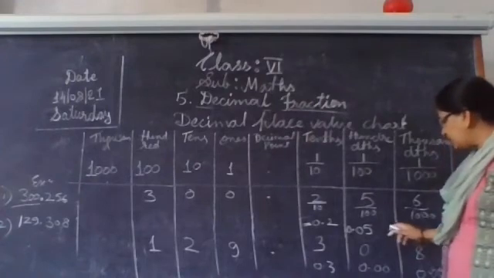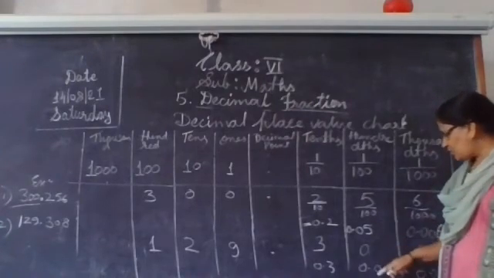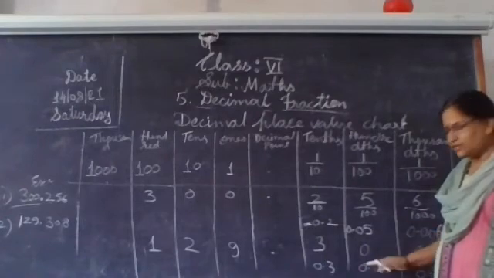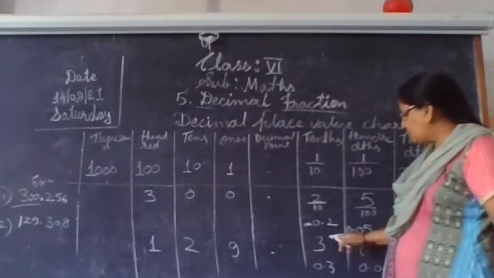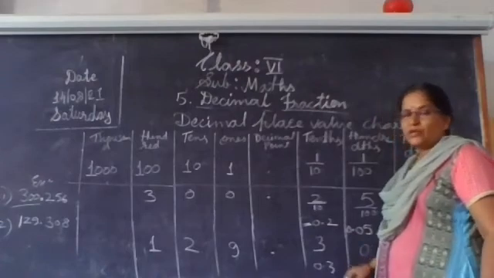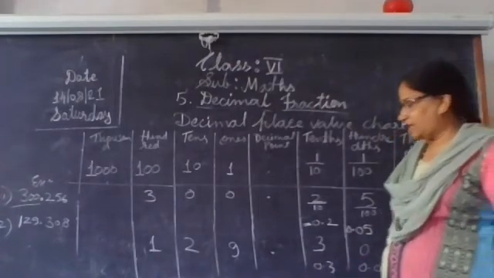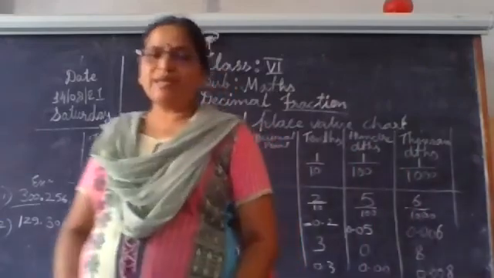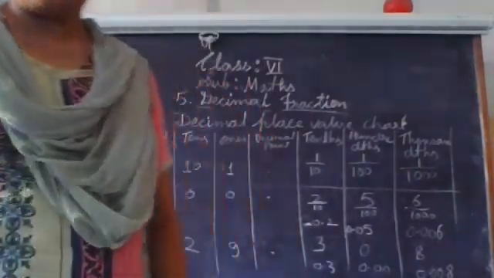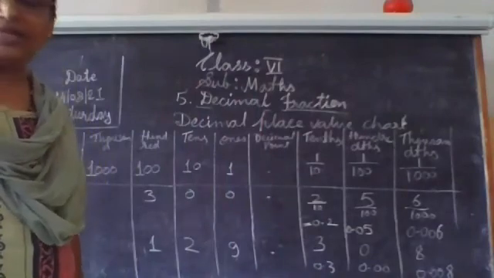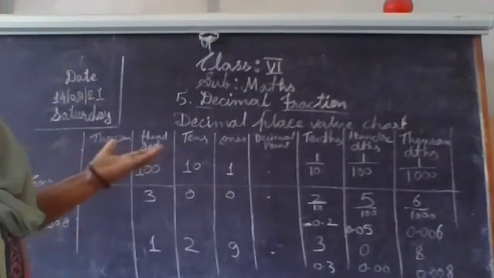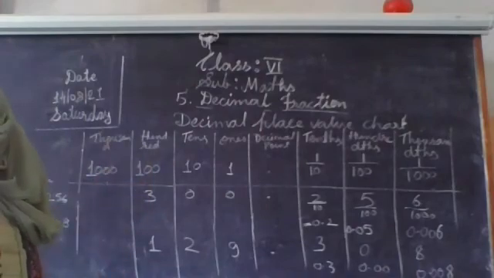And after dividing this 0 by 100, you will get 0. If 0 is divided by any number, you get 0. And 3 divided by 10, you will get 0.3. So children, in this way, you can place any decimal number or any fraction in the decimal place value system or place value chart. Got it, beta?